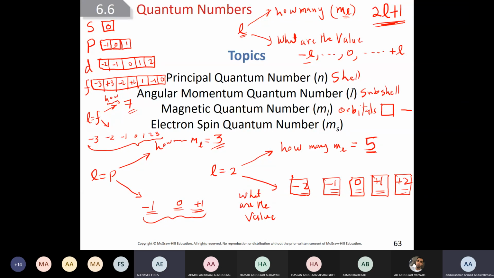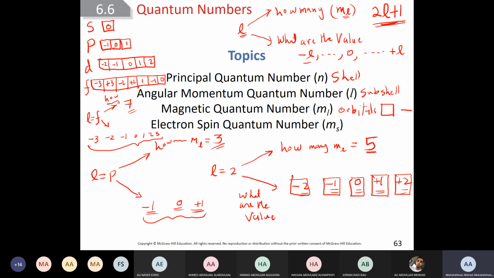Doctor, what do these values represent? Just mathematical numbers. What's the square root of 16? Plus 4. What's the meaning of 4? It's a number only, a mathematical number with no physical meaning.